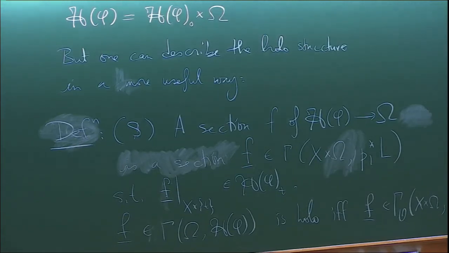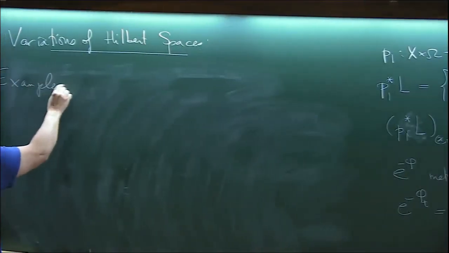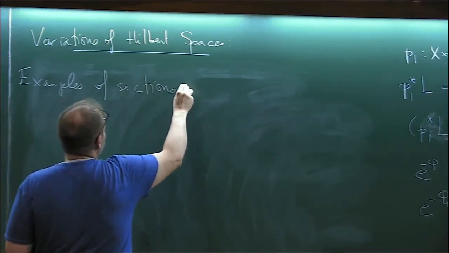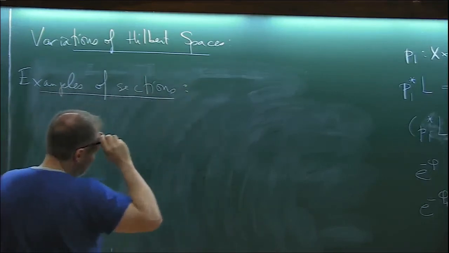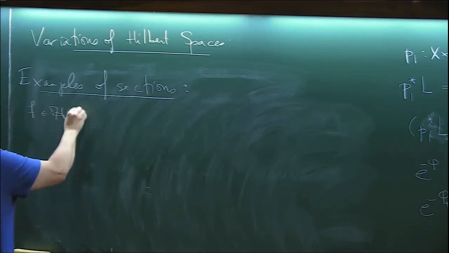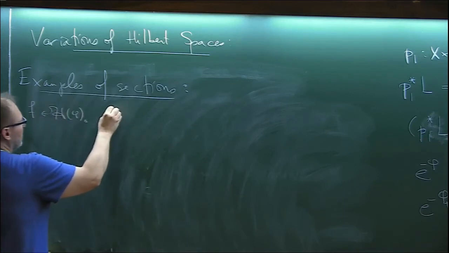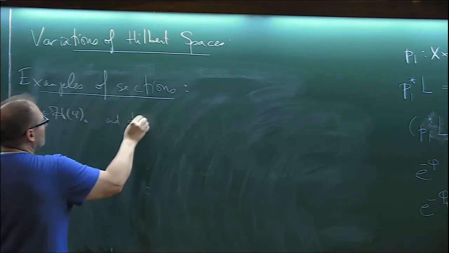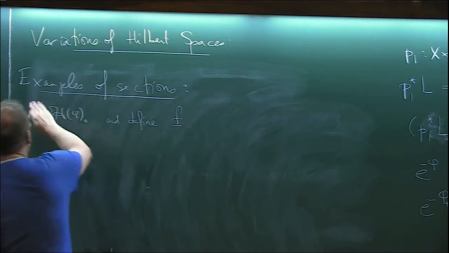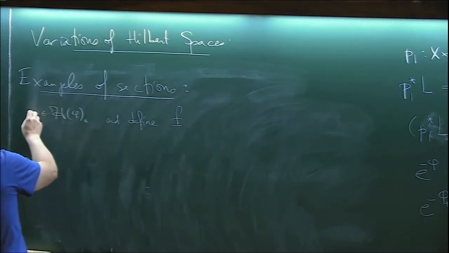Okay, let me give some examples of sections. I just gave an example of a section of H. So if you take F in H phi 0 and define, so something like, let me call this G actually, phi.